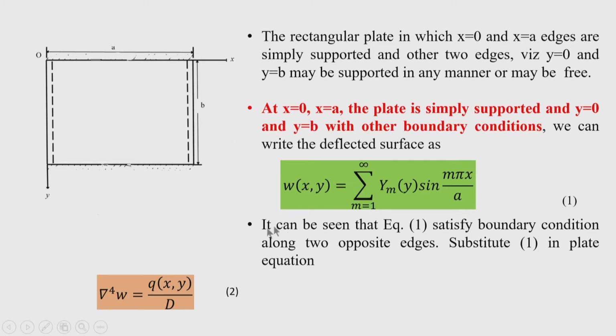Okay. Now, it is the plate equation, that equation number 2 is well known to you, del 4 w equal to q x y divided by D, where del 4 is the biharmonic operator, that is this partial derivative operator, that is del 4 by del x 4 plus 2 del 4 by del x square del y square plus del 4 by del y to the power 4.